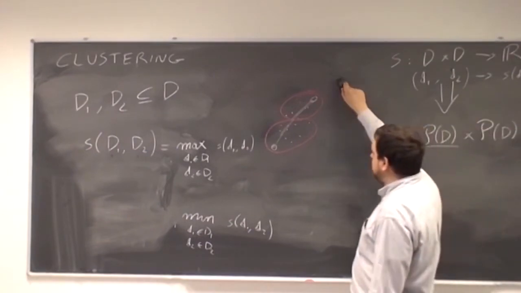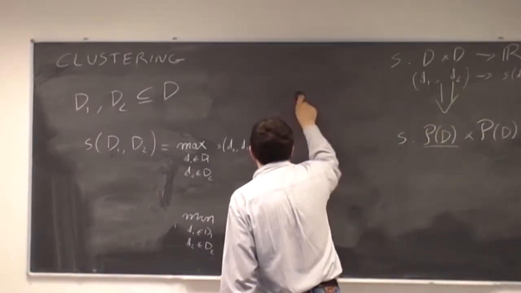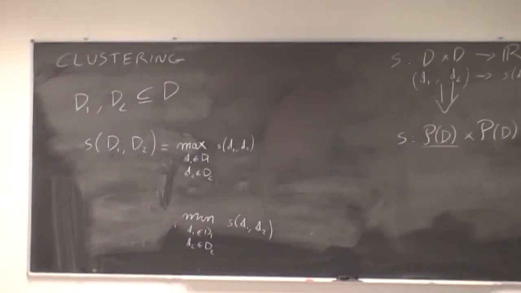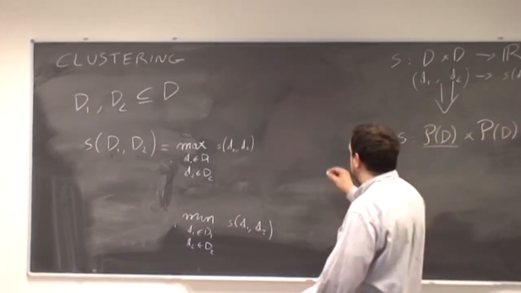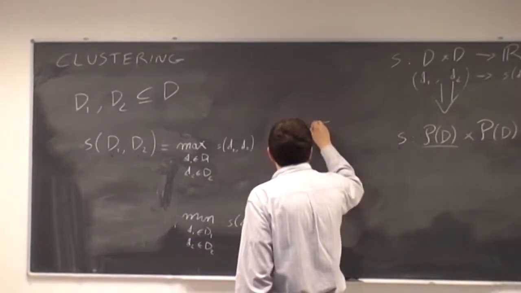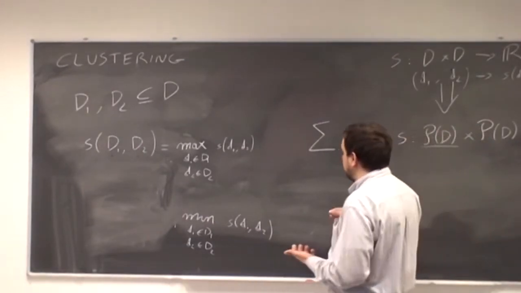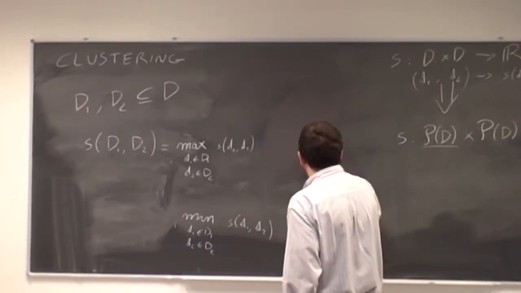Another possible definition is, well, who cares about the maximum or the minimum? Actually, if we want a good measure of similarity, we could consider the average similarity between elements in D1 and elements in D2. So we can take the arithmetic mean of similarities between elements in D1 and elements in D2.